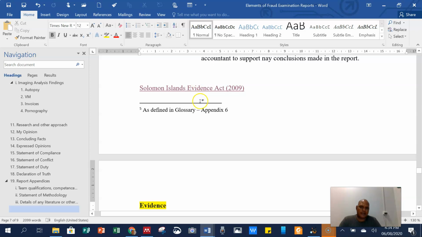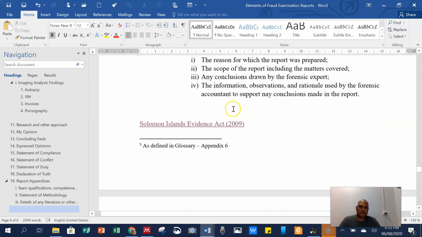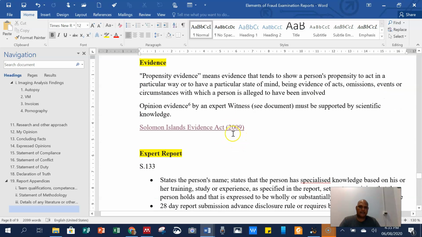So in Solomon Islands, for example, the Evidence Act 2009 actually defined what is evidence. Before an expert witness report is detailed, there is a need to understand what is evidence.